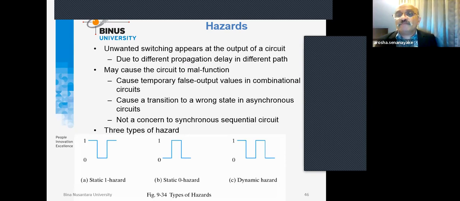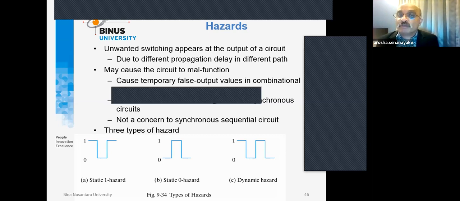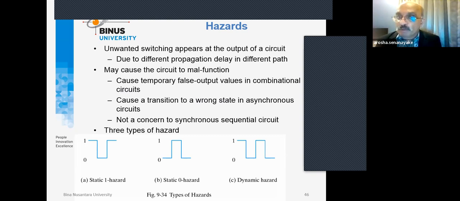The output is false because the previous state has been used to produce the output, because the present state has not been changed based on the next state produced in the previous combination, while changing the input variable. That's very important to understand. In that manner, hazard conditions are caused mainly due to different propagation delays in different parts.